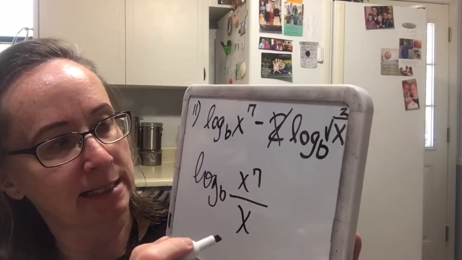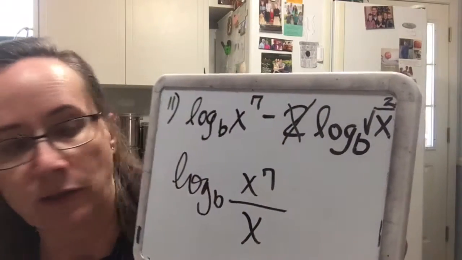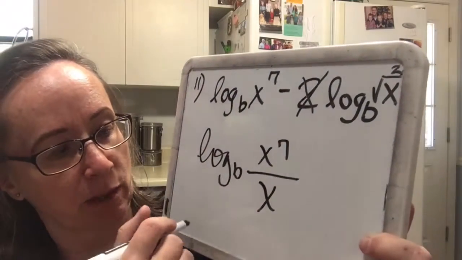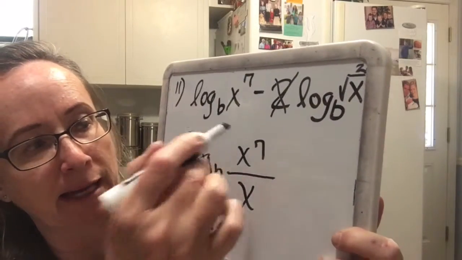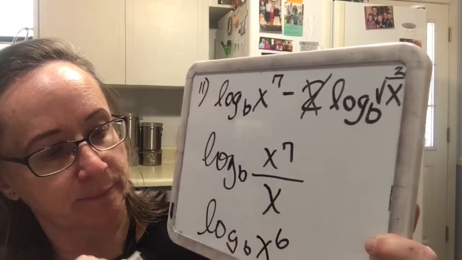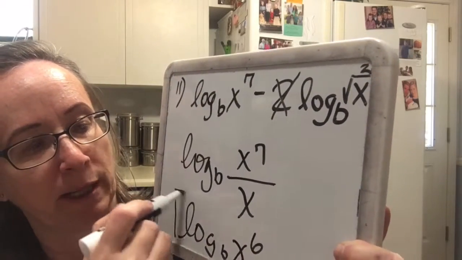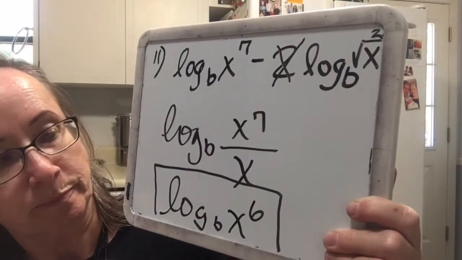Okay, and now can we simplify that further? Okay, so now that we have it in this form, can we write that as log base b of x to the 7 divided by x is x to the 6th? Okay, so this would be written as one logarithm there.